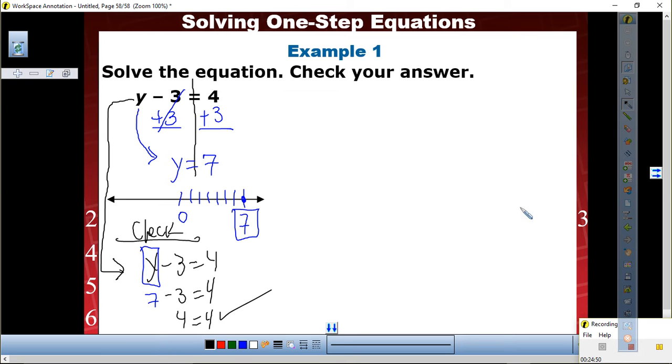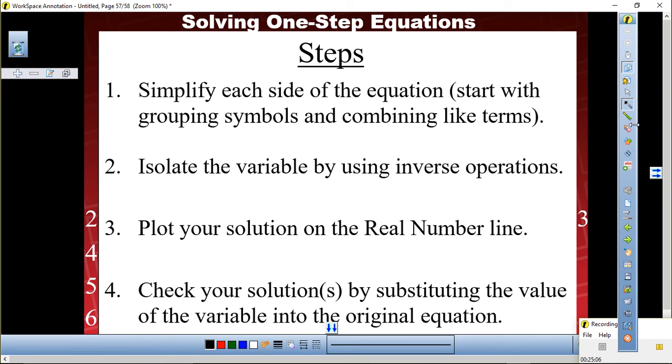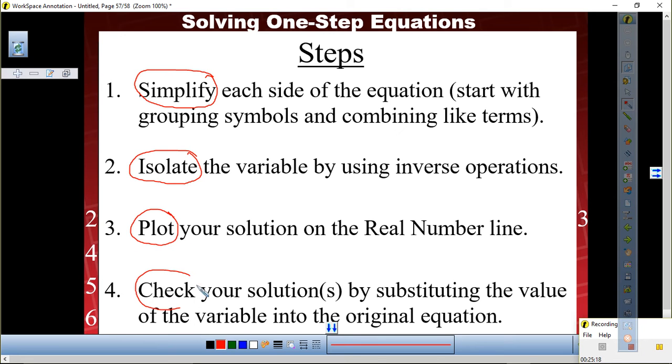Okay? So now, the one thing that I did skip, I noticed, on our steps. Look up. On the steps, circle these 4 keywords. Step 1 is simplify. Step 2 is isolate. Step 3 is plot. Step 4 is check. So the 4 keywords that you're going to remember the process are these 4.